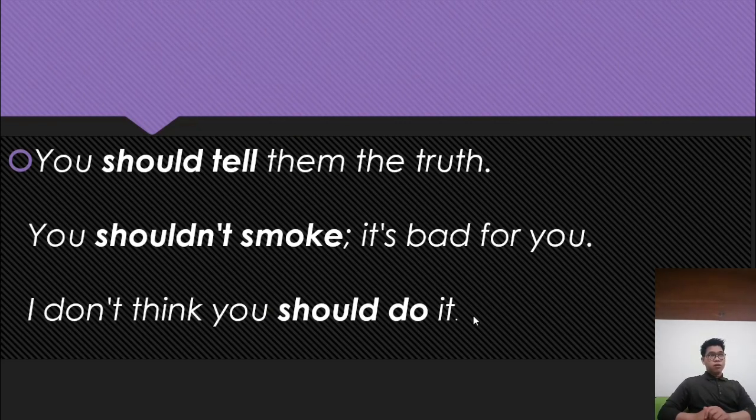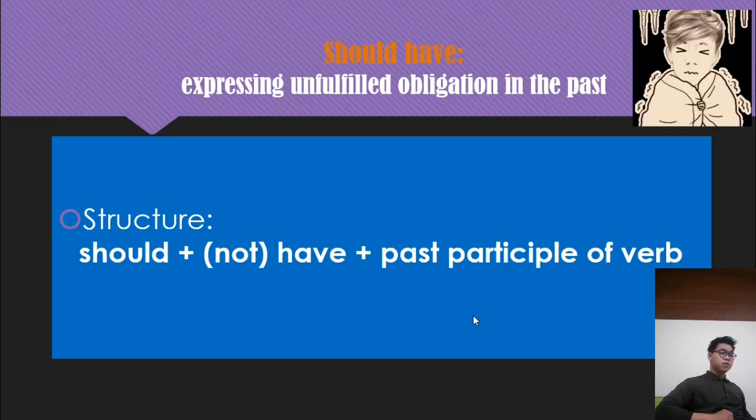I think should is basically easy to use, because there is nothing additional that makes you confused. Okay, we move to should have. This is a little bit confusing, because should have has a different meaning.